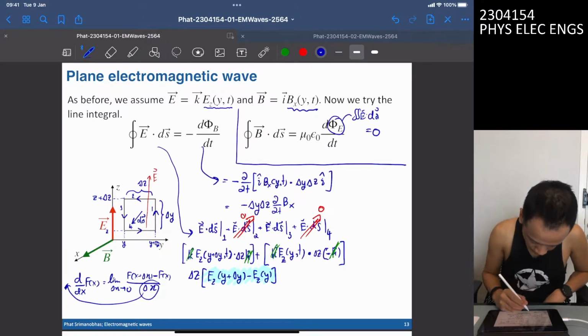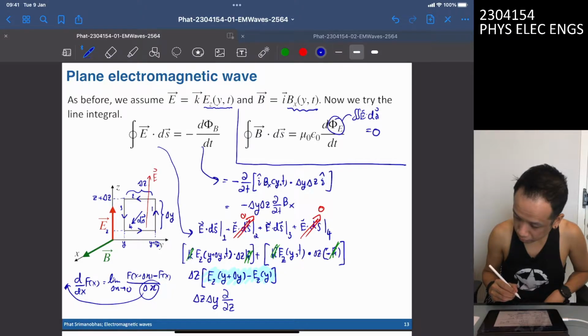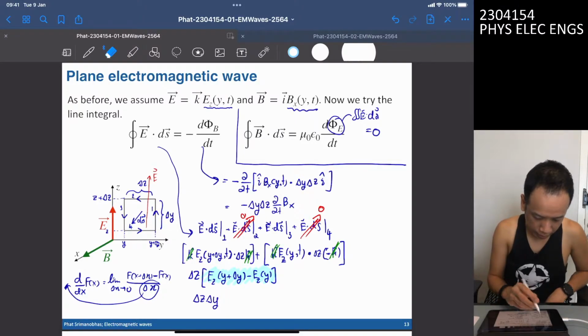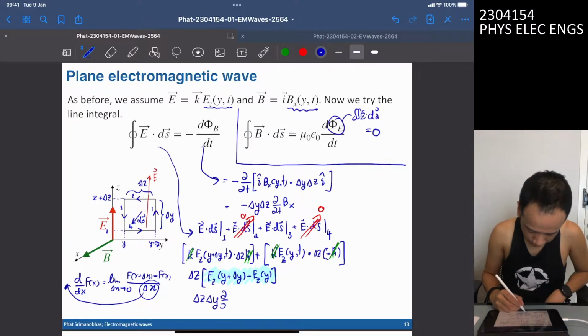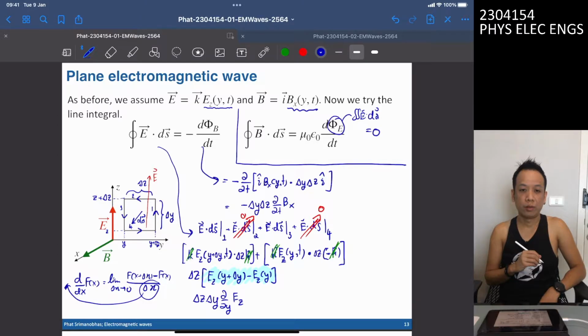So you get delta c, delta y, derivative with respect to y of EC. Sorry, derivative with respect to y, because you divide here, right?